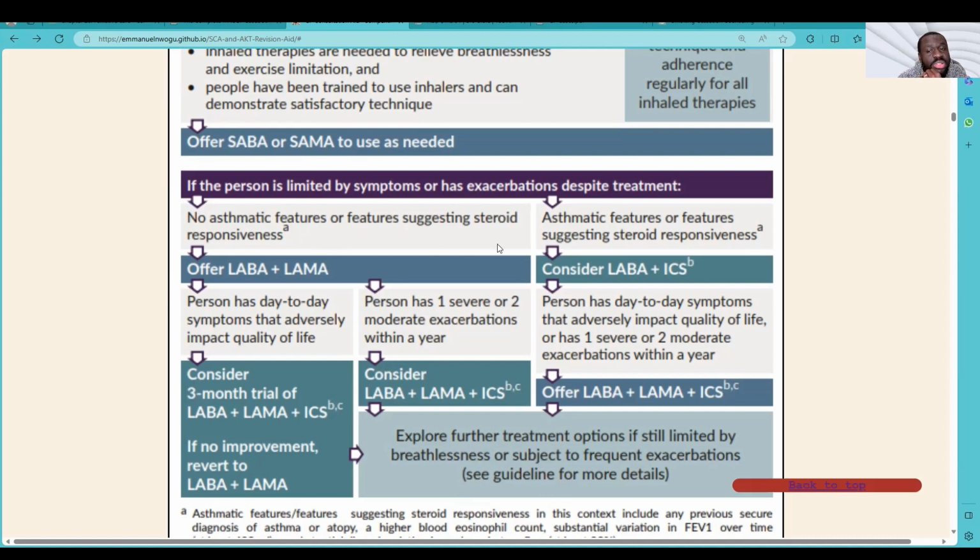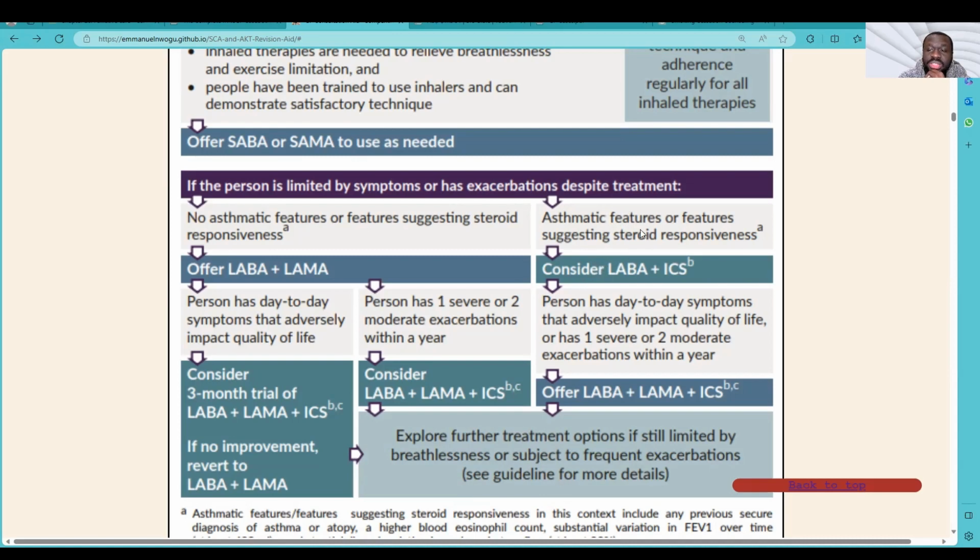If there are features of asthma, such as asthma-COPD overlap, or features such as steroid responsiveness, for instance raised eosinophil levels, some reversibility, and maybe some diurnal variation in symptoms, things like that, some asthmatic features, eczema, and all that.